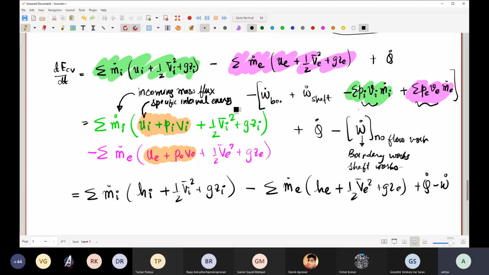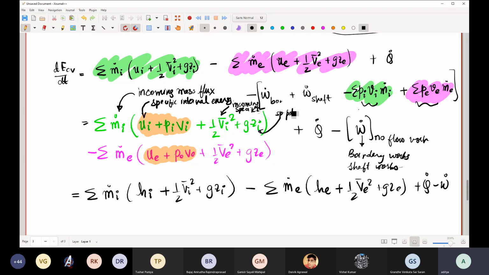It has some incoming velocity. Suppose the incoming pipeline has fluid coming in at a very high velocity. That is the incoming specific kinetic energy, and this is the incoming specific potential energy.